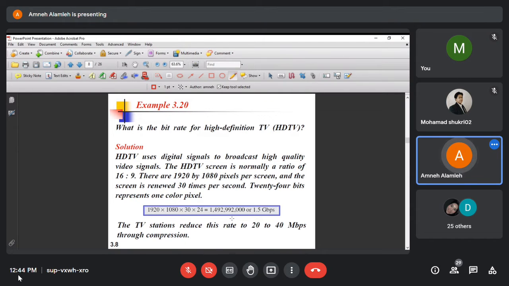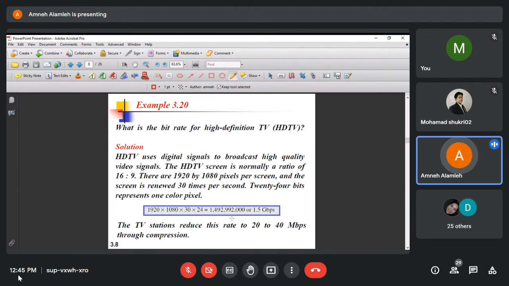Another example. What's the bit rate for high definition TV, which we call HDTV? It uses digital signals to broadcast high quality video signals.